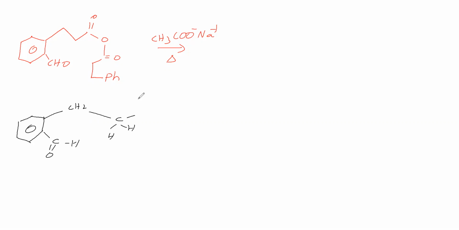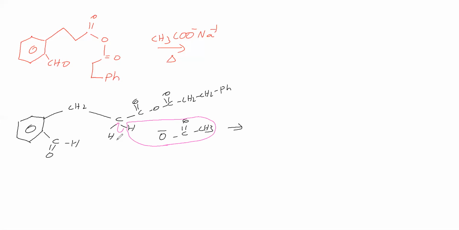Here CO, O, CO, CH2, Ph. Now the acetate will take, now this O minus is abstracting the proton, and this sigma bond is shifting to this carbon.